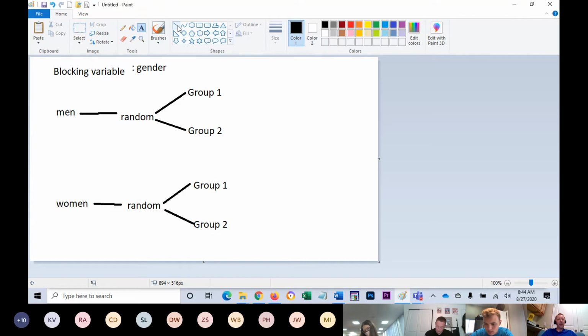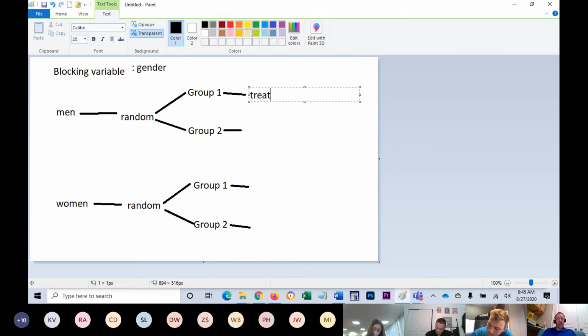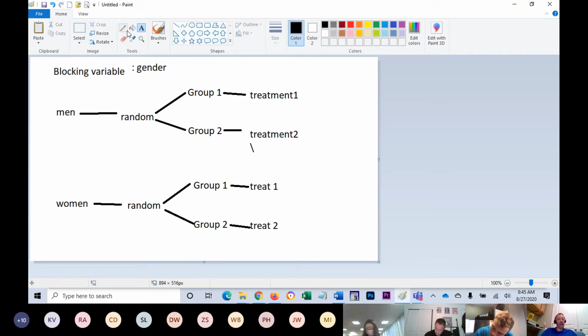And then you'll assign some sort of a treatment. Treatment 1, treatment 2. I need to keep this smaller. Treatment 1, treatment 2.